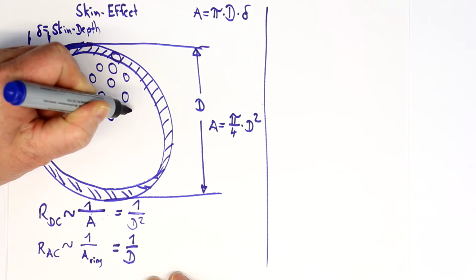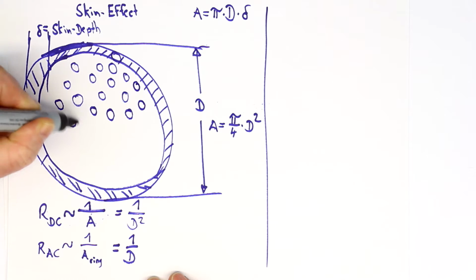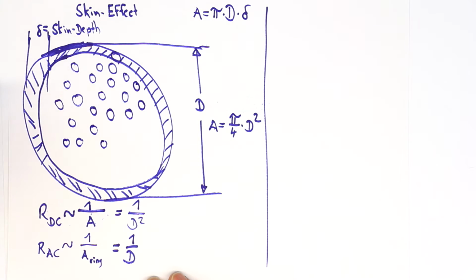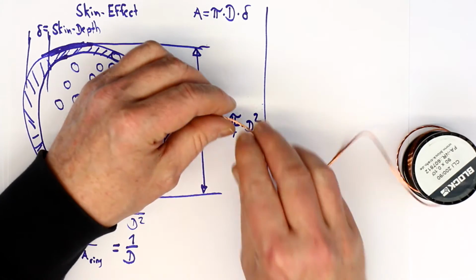So if we split our wire into many small wires, and of course each wire has to be isolated against the others, so it must be single isolated like enameled copper wires, and the thickness of each wire should be equal or smaller than about 2 times the skin depth of the frequency that we are interested in. And that comes out to what's called litz-wire.